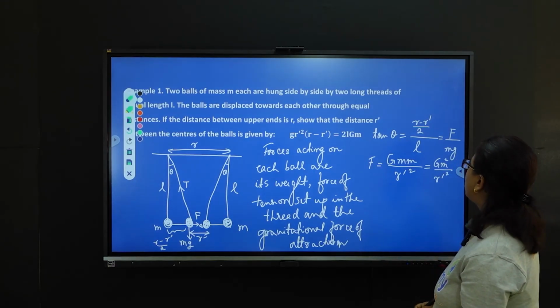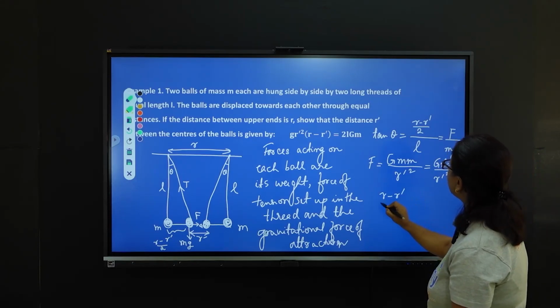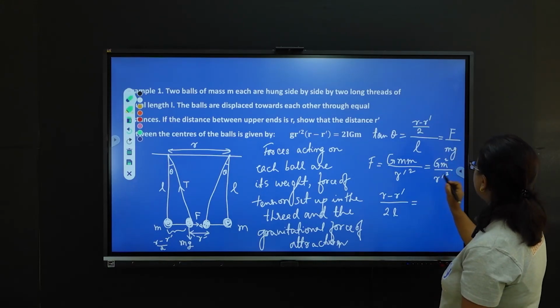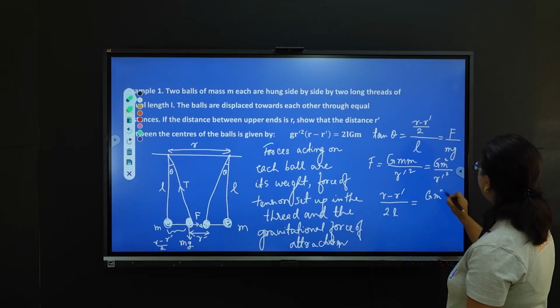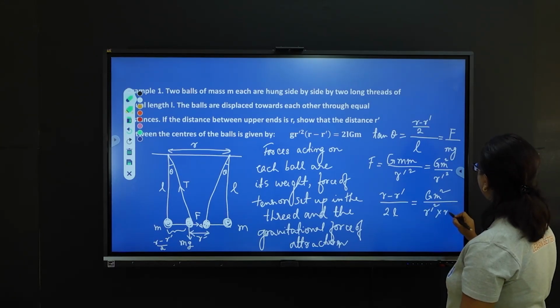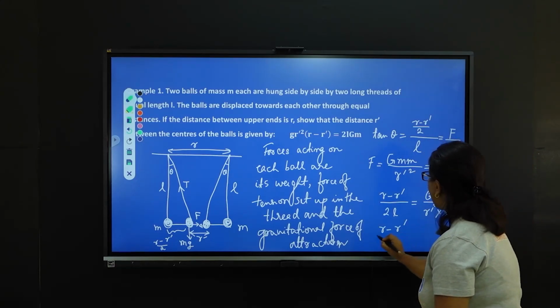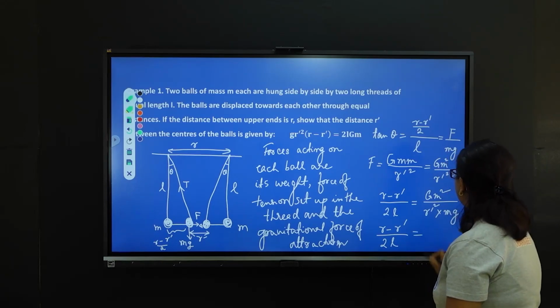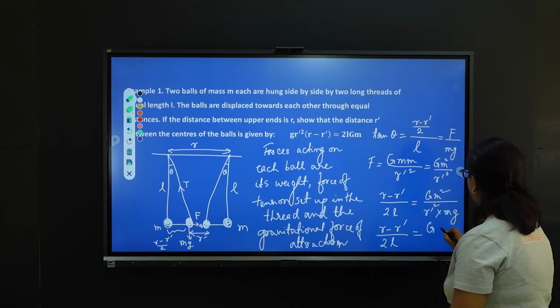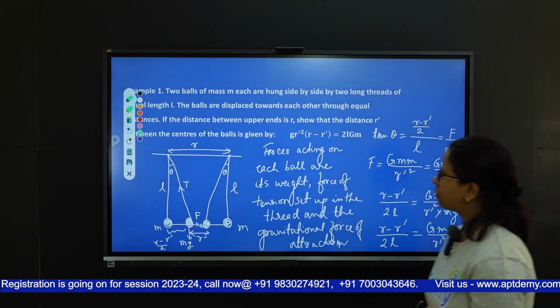Let's substitute this value of F in this relation. We get (r minus r dash) by 2L is equal to G m squared by r dash squared, and in the denominator we have mg. So we are left with (r minus r dash) by 2L is equal to G m by r dash squared times g, little g in fact.